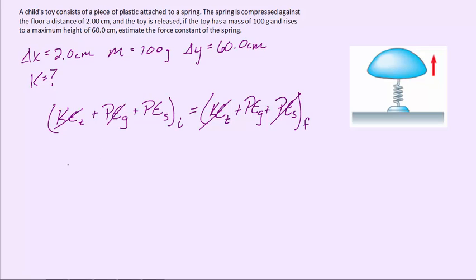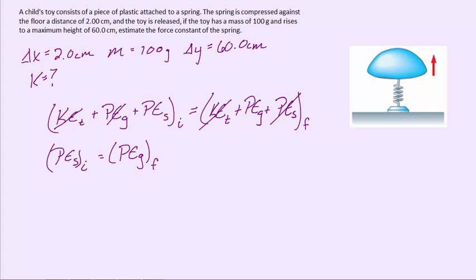So now our equation has been simplified down to the potential energy of our spring initially is equal to the potential energy of gravity at the top of its projection point.